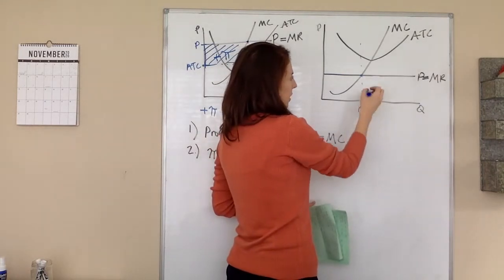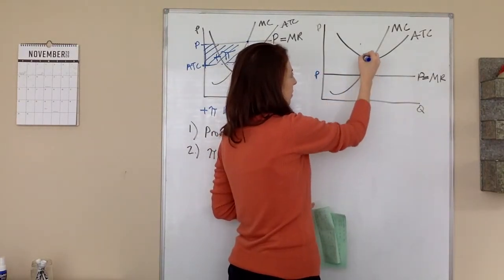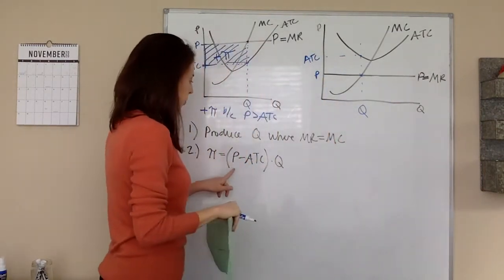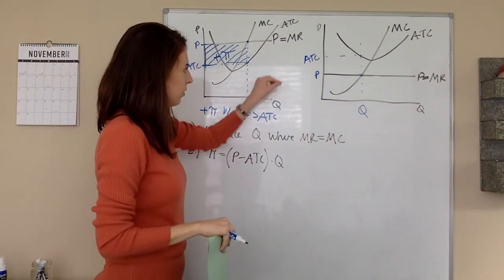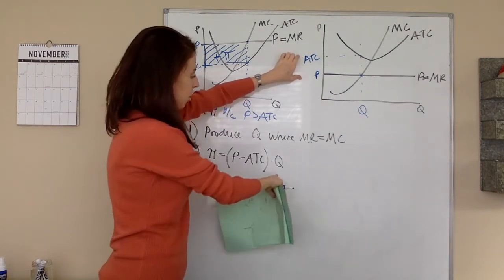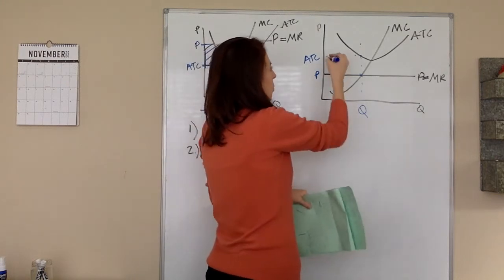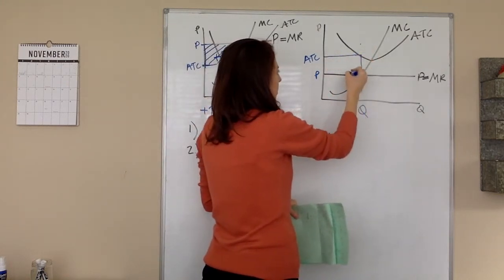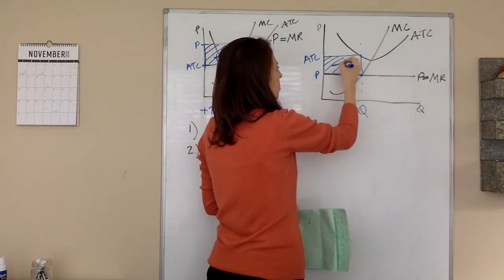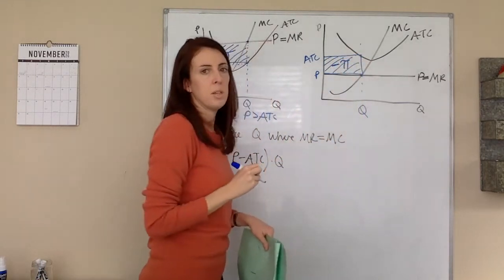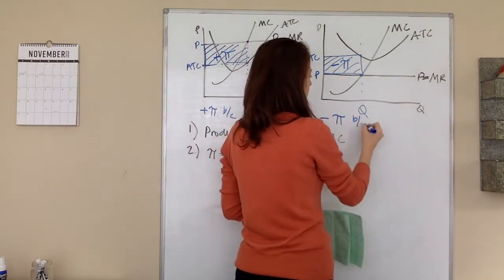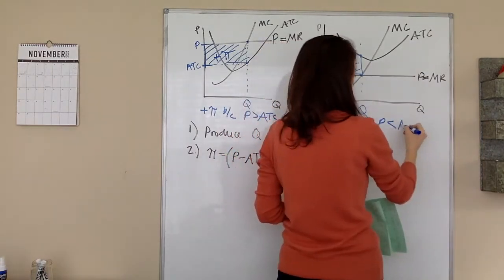Well, at this quantity, here's the price, here's the average total cost. So price minus average total cost would be equivalent to this distance but negative. And then quantity is here. In this situation, the area of this shaded rectangle is equivalent to the negative profit being incurred by this firm. The reason it's negative profit is because in this case, the price is less than the average total cost.